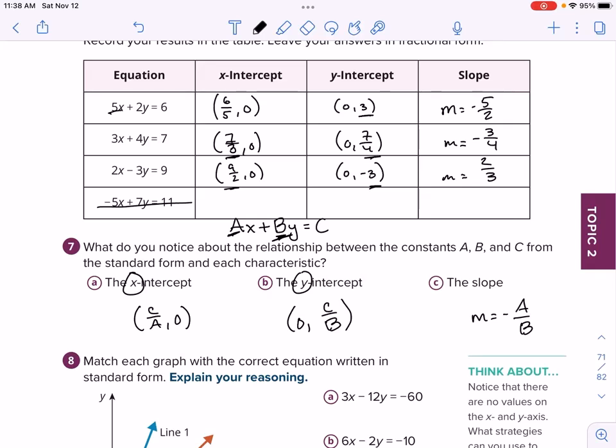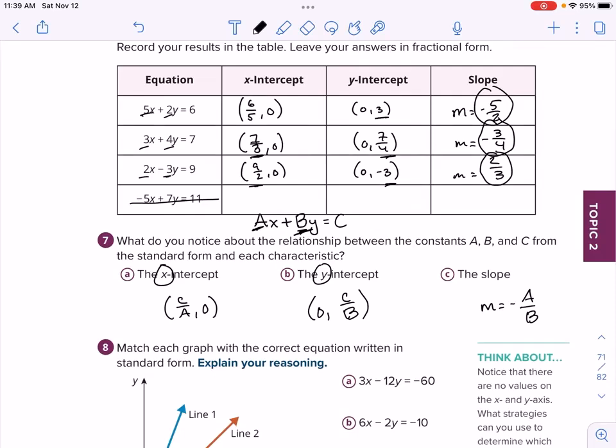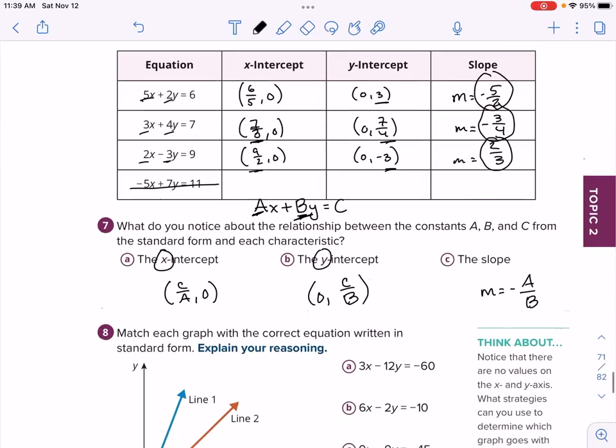So here, 5 halves, we see that here, but it's negative 5 halves. 3 fourths, yes, but it's negative 3 fourths. 2 divided by negative 3, yes, but we changed the sign, so it's just 2 thirds. So that's what we have to do here instead of solving for varying equations.